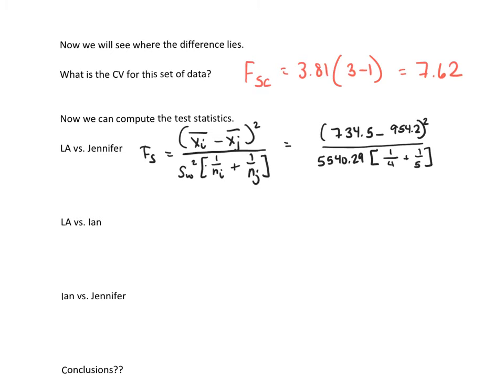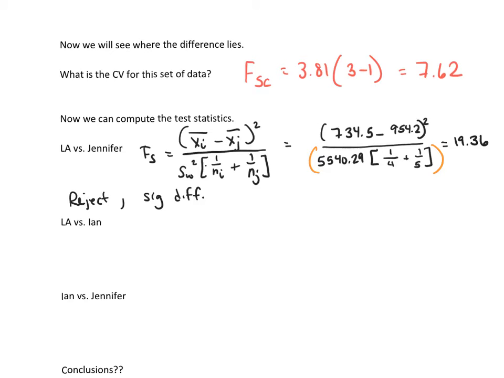So obviously, if you're putting this in a graphing calculator or something, make sure you get an extra set of parentheses around that bottom. So when I put all this in, I get 19.36. You can obviously calculate it, see if that works. Now that is bigger than 7.62, so we're going to reject this pair, so they are significantly different. So the population means for number of steps taken by LA and Jennifer are significantly different.